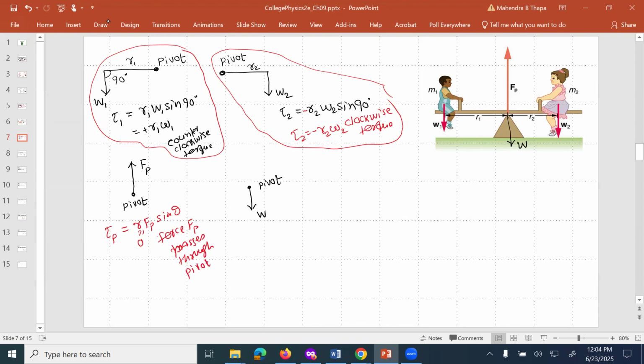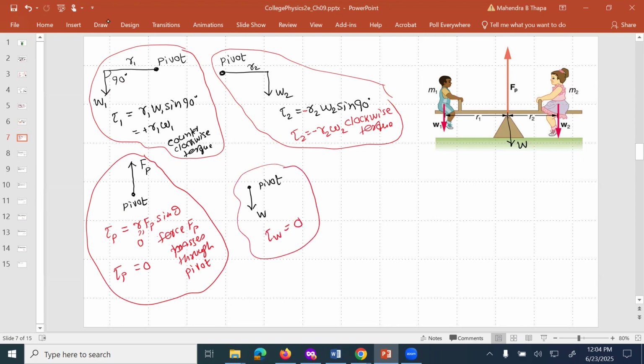If it passes through the pivot point, R is equal to 0, so the torque due to the force Fp will be 0. The same reasoning applies for the force due to the weight of this seesaw. So torque due to weight W will also be 0.